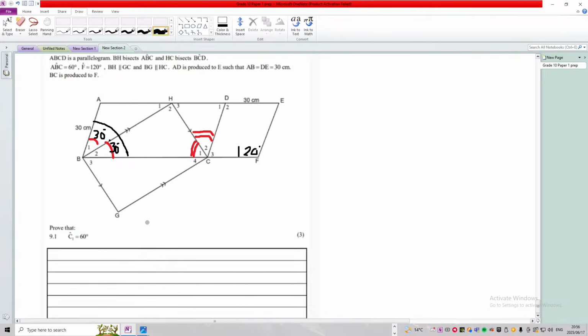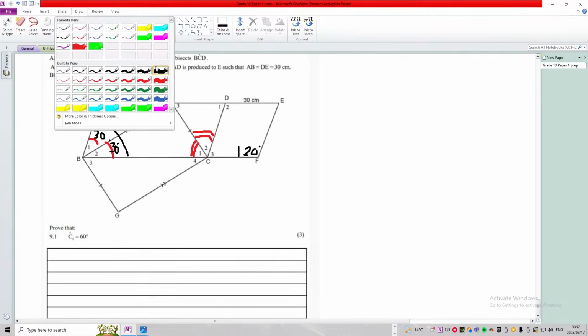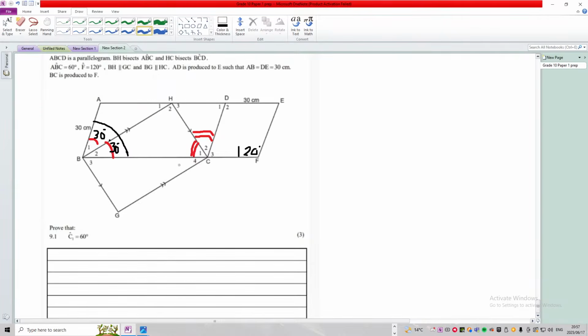So C1 equals 60 degrees. Firstly, we can find a few random answers here. C4 will equal 30 because of alternating angles.